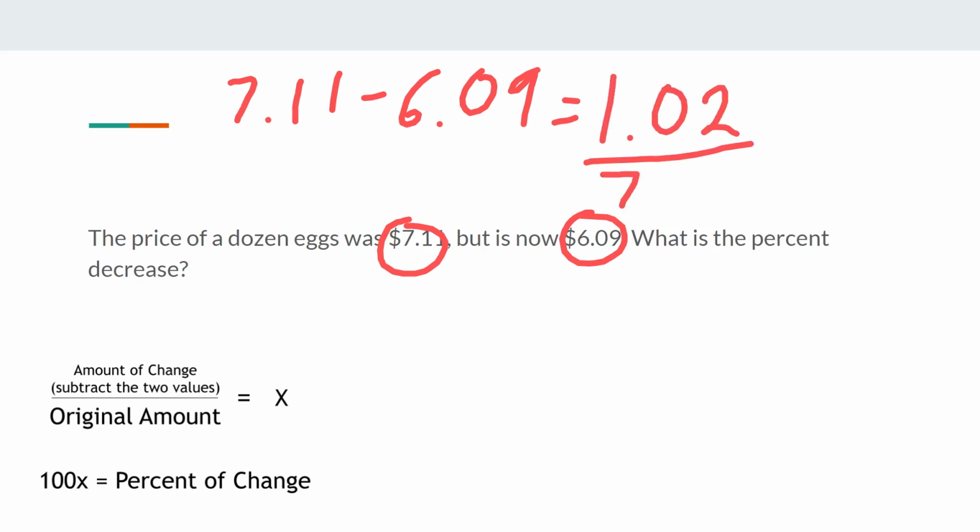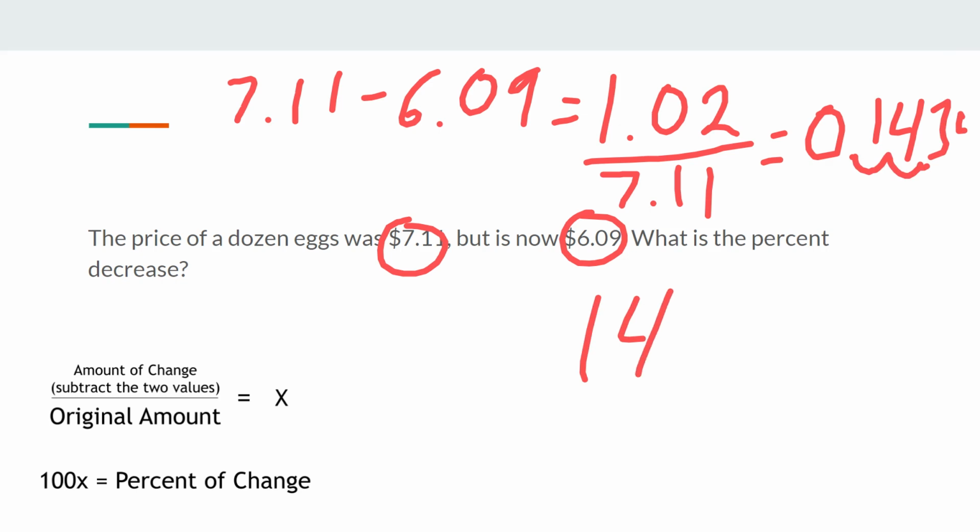I'm going to divide that by $7.11, and I end up with 0.1434, and then it keeps on going. But I'm going to do the booty bump, and then that's going to be 14.3%. So this stuff is like, again, you're just subtracting and then dividing, subtracting and then dividing whenever you're trying to figure out the percent increase or decrease between two numbers.